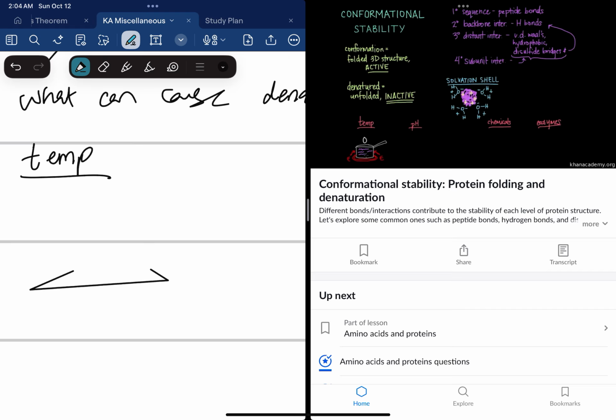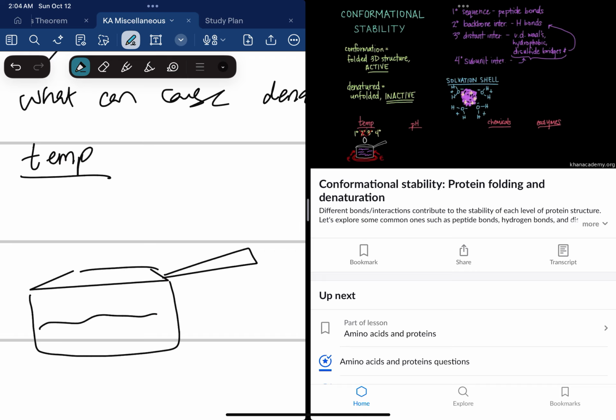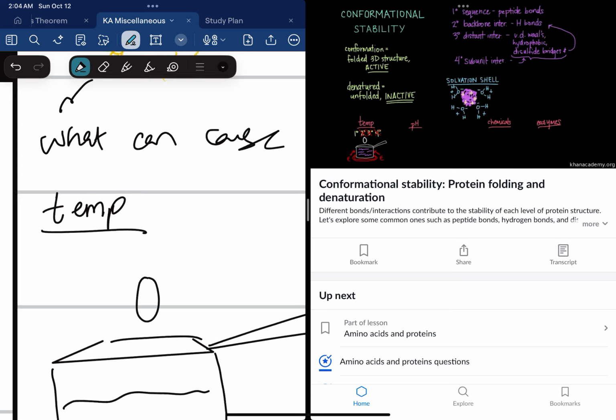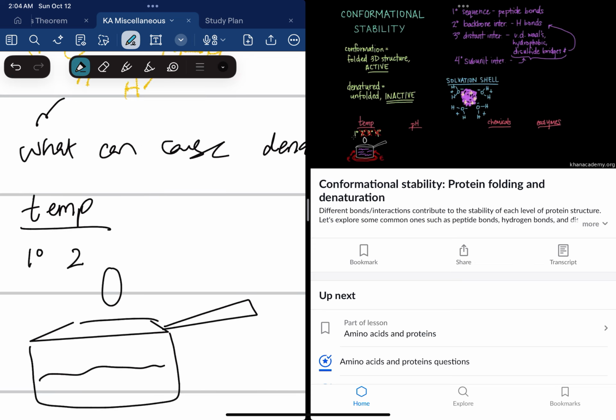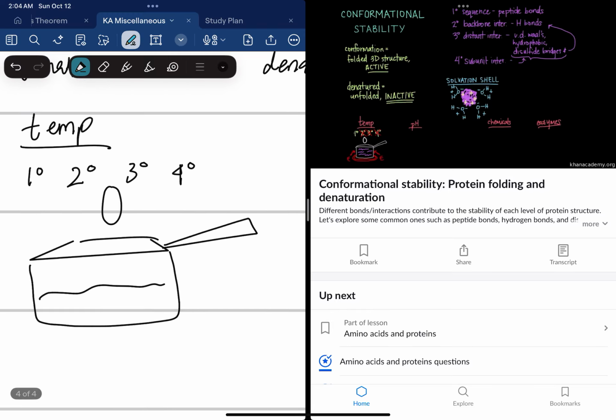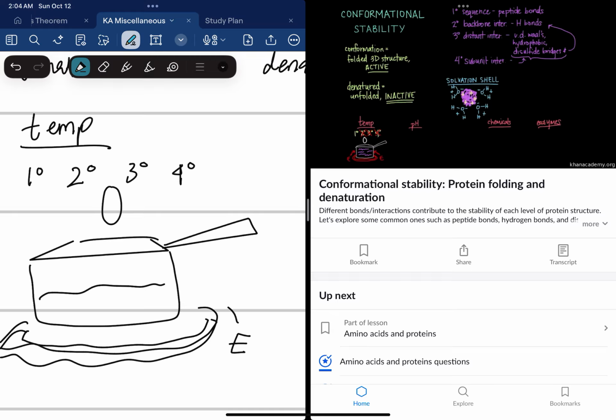And this causes the proteins to unfold. So increased temperature destroys the secondary, tertiary, and quaternary structure of a protein, but the primary structure is still preserved. So the takeaway point is that when you change the temperature of a protein by heating it up, you destroy all of the different levels of protein structure except for the primary structure.